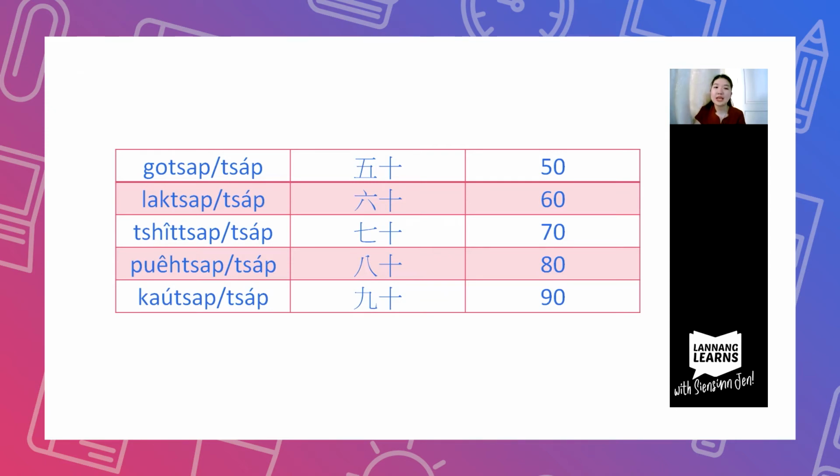If we want to say 77, we say chit tap chit. If we want to say 85, we say wet ta go. And if we want to say 99, we say cow tap cow.